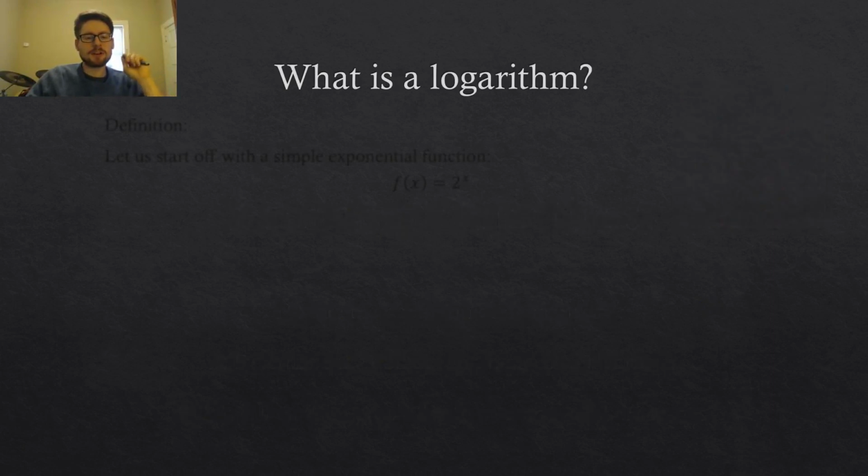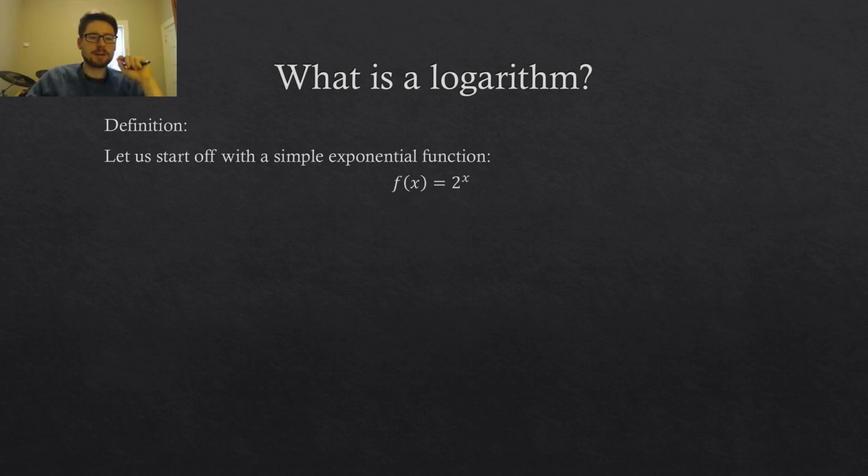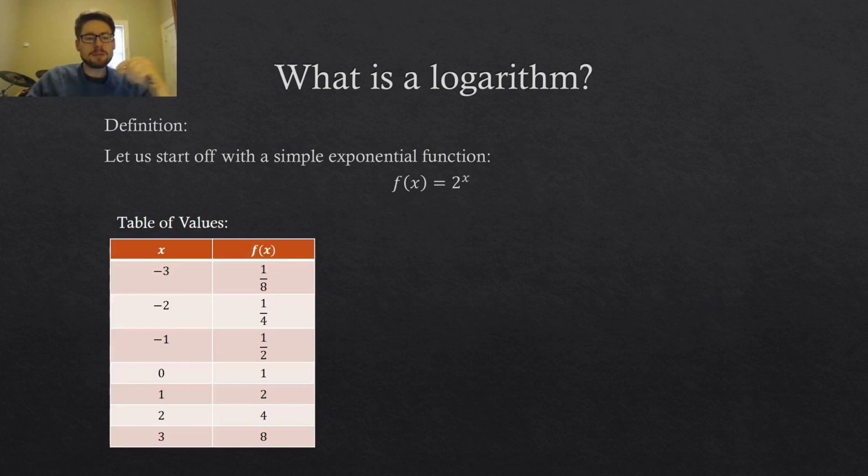Okay, so to start off, we need to understand a little bit more about exponential functions. I've briefly talked about exponential functions, and you've computed a table of values for them. We're going to look at the simple one, 2 to the x. It's like the doubling function. Each time x increases, you multiply by another 2. So our table of values for 2 to the x looks something like this.